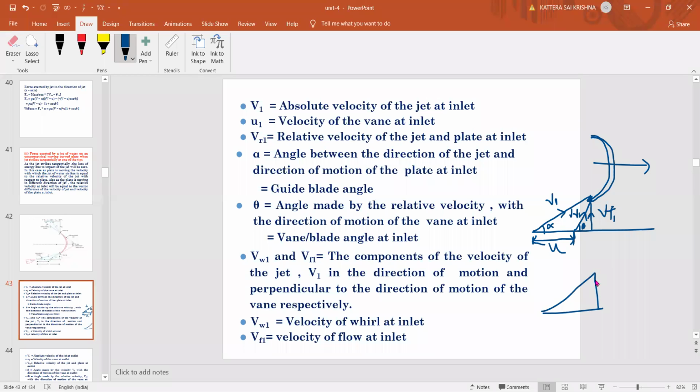If you want the component, we need to bend this line down, then you get the component in the X direction. Same way, if you bend V1 it will come down, and from here the horizontal line comes. This is taken as VW1. So this is the inlet triangle.